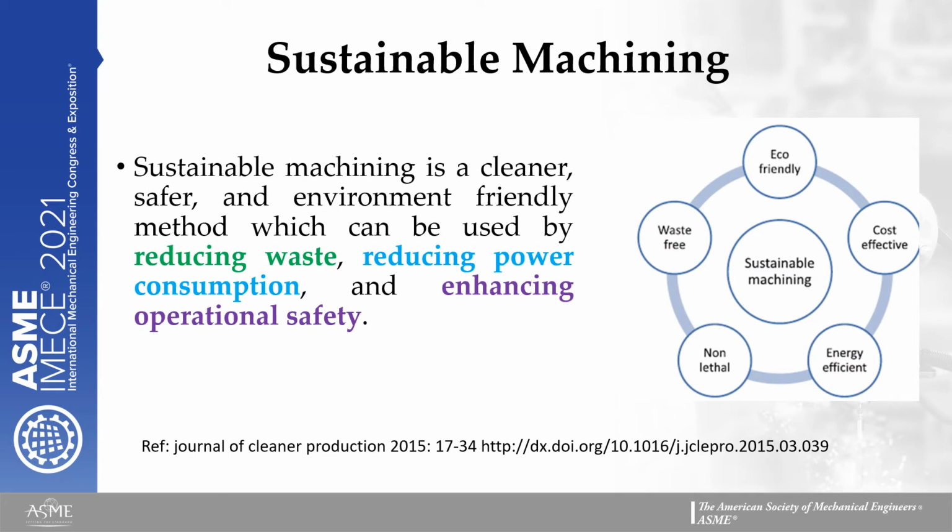As mentioned previously, the machining operation has a lot of environmental burden in it. So there is a need to make the machining process more sustainable in nature. The current slide shows that machining operation can be more sustainable by reducing waste, by reducing power consumption, and by enhancing operational safety.